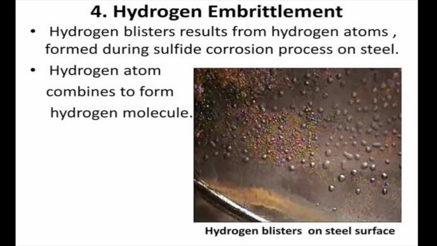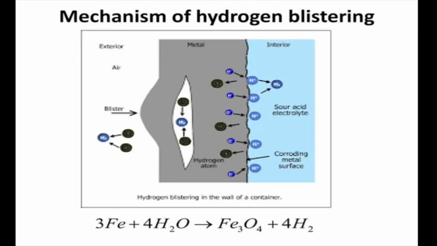Hydrogen blisters result from hydrogen atoms, formed during the sulfide corrosion process on steel. Hydrogen atoms combine to form hydrogen molecules, and after that a chemical reaction occurs that creates ferrosoferric oxide, Fe3O4, and releases free hydrogen.